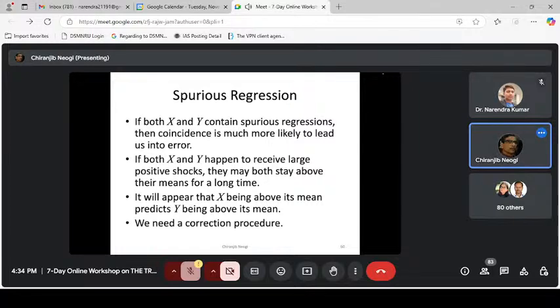Generally we use the null hypothesis beta is equal to 0. If I reject the null hypothesis of beta, it may not be so that beta is truly non-zero, since there is a problem of spurious regressions, so I cannot test our hypothesis of beta and alpha.